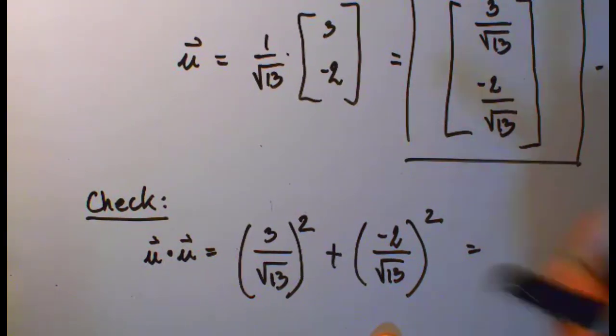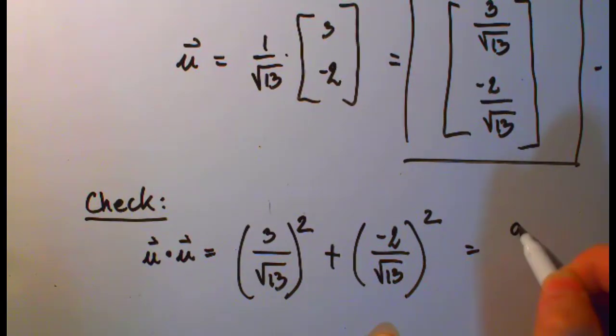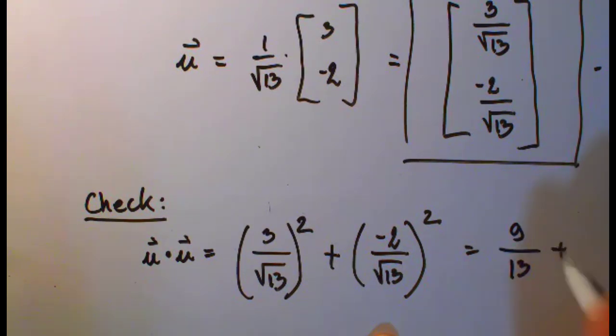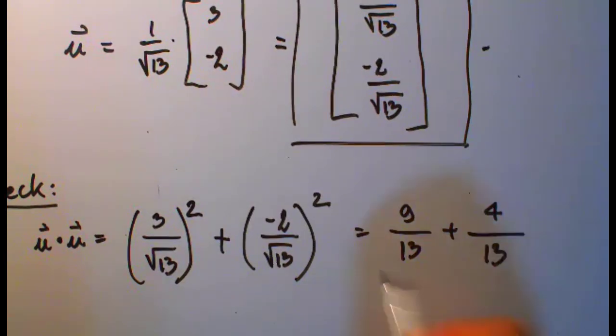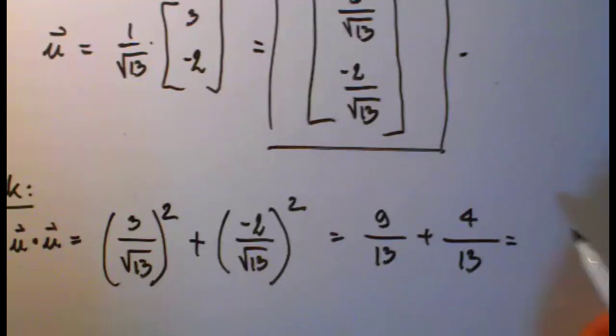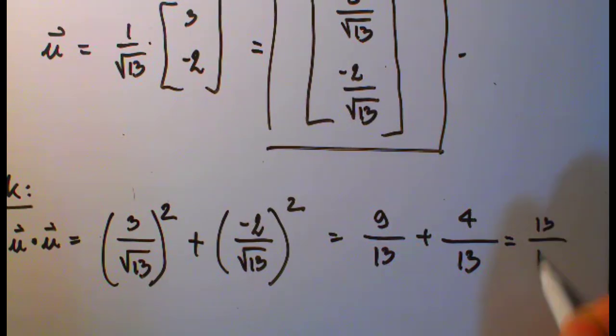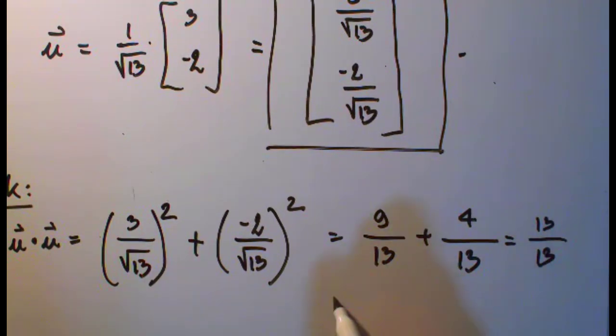I apologize. We're looking at 9 over 13 plus 4 over 13, and that gives us 13 over 13, which is 1.